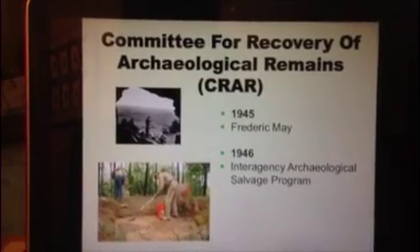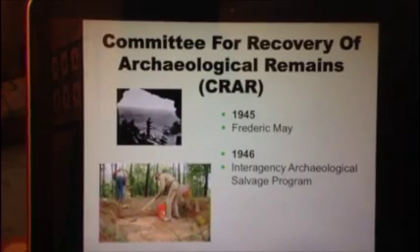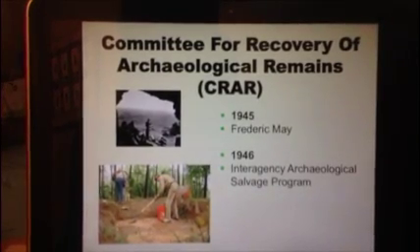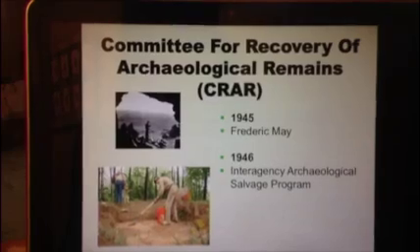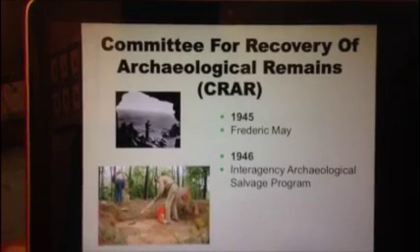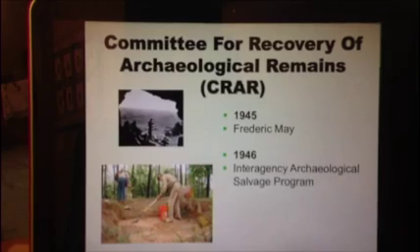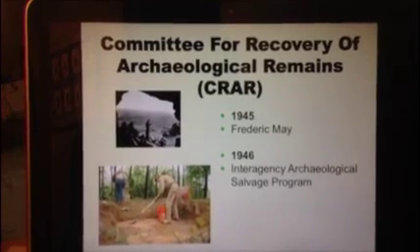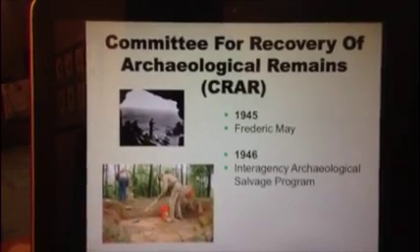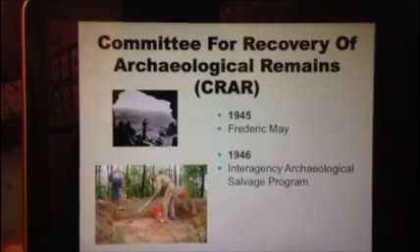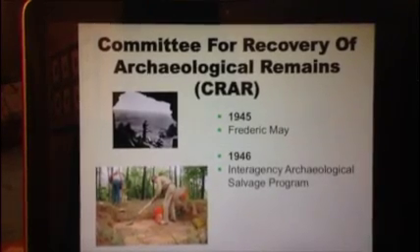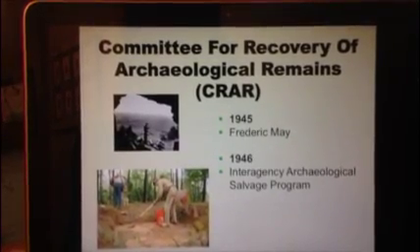In 1946, it really expanded. When it first began and had its little burgeoning beginnings here, it was the Committee for Recovery of Archaeological Remains, and this was started and headed up by a gentleman named Frederick May in 1945. This was an independent agency, had nothing to do with the federal government at all.